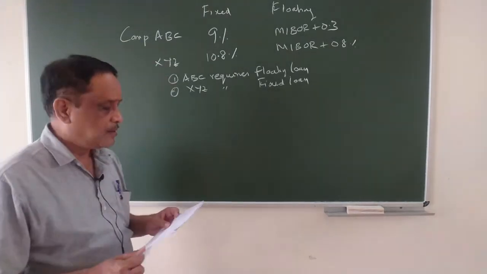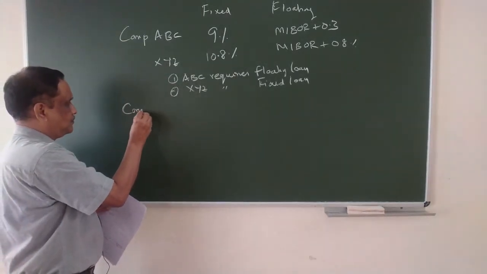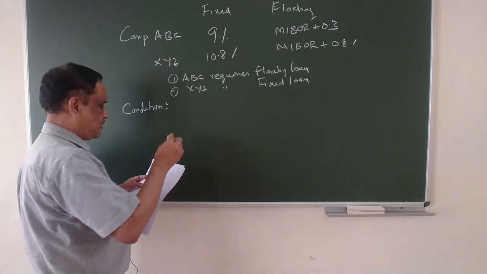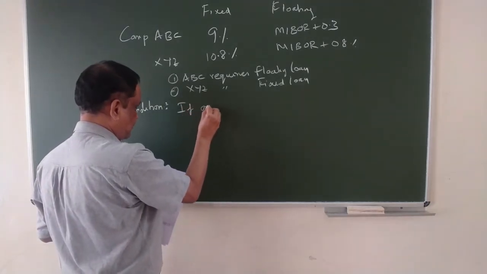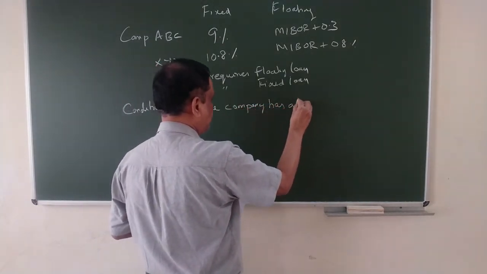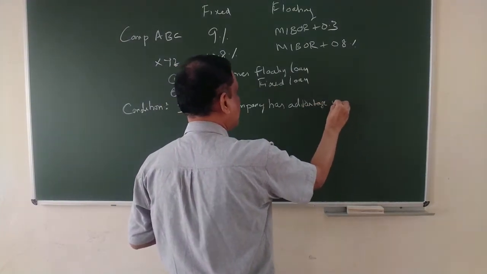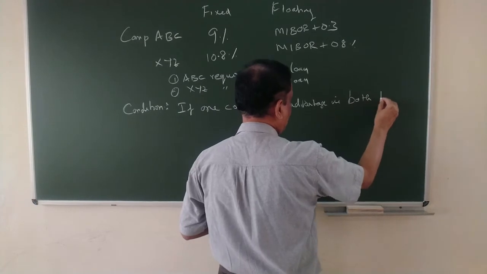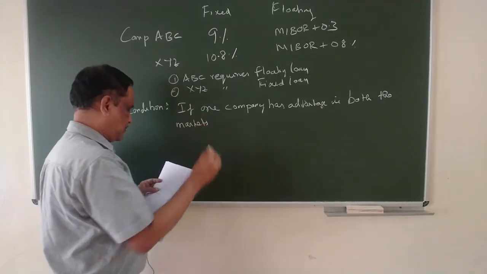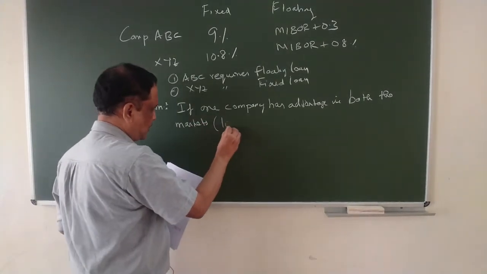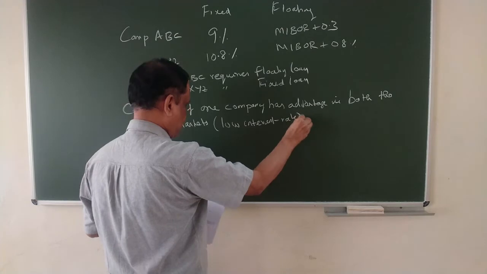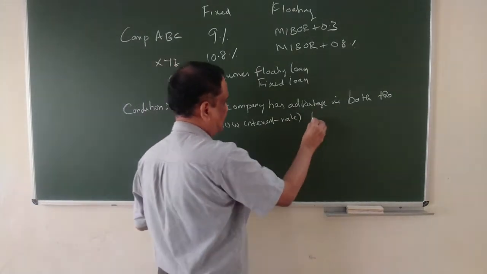Okay, anyhow, I will write it. You can take it as a condition: if one company has an advantage in both the markets, that is, a low interest rate, then the gain should be deducted.